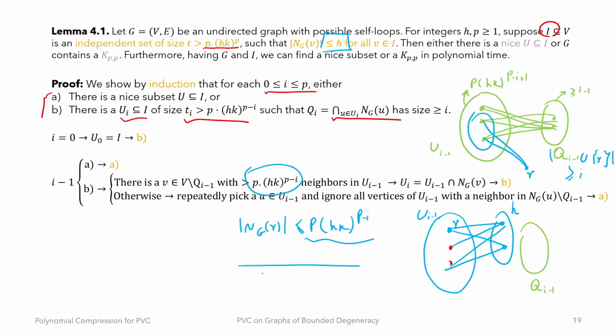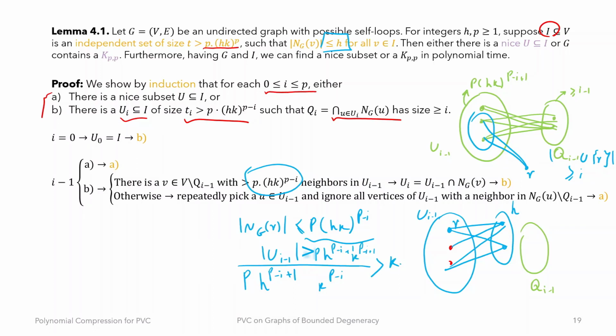So in one step, we remove this many vertices, and the size of U_{i-1} was larger, so this is more than k, and so it's at least k plus 1.